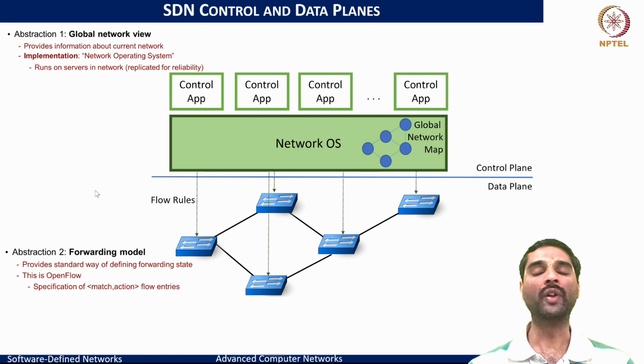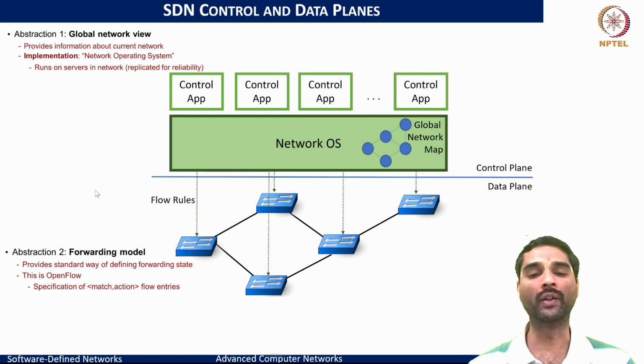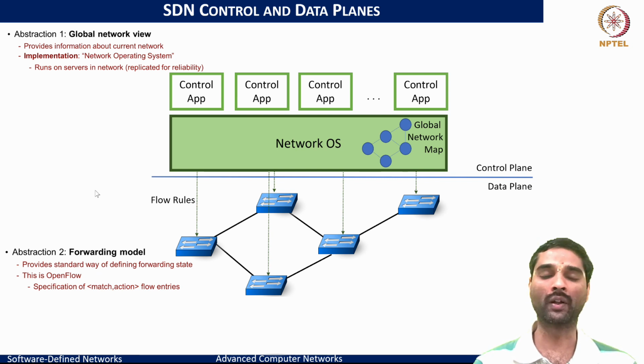At the bottom, we have the barebone switches, where a control agent would be able to run and establish the forwarding model of providing the simple match action patterns to be run on these data plane elements. So in essence, the network elements like the routers and switches now truly begin to behave as data plane elements while the control is taken out. Nonetheless, it doesn't make these devices dumb.